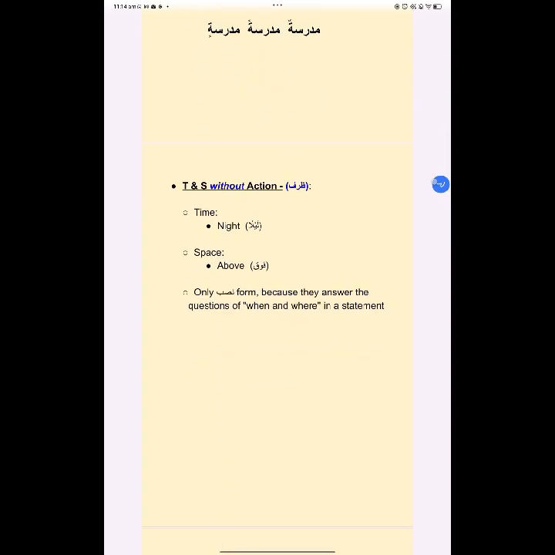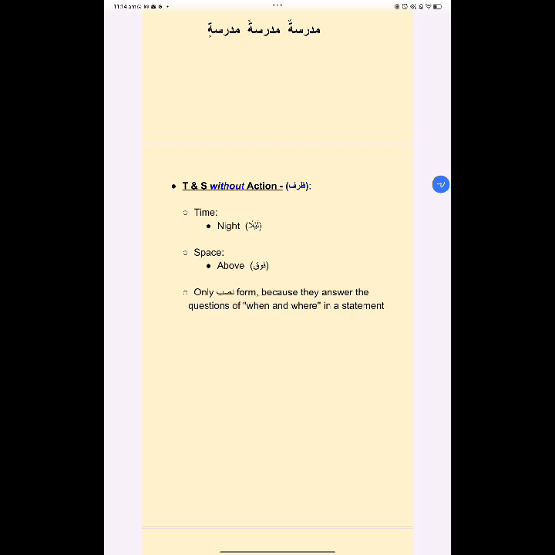Now, what about simple zarf, or the ones that do not have any action associated with them? The word night, for example, Laylan in Arabic, is simple zarf zaman. And the word above, for example, fawqa, is going to be simple zarf. Which one? Zarf makan. Now, these simple zarf, the ones that are not ism zarf, can only be in nasab form.